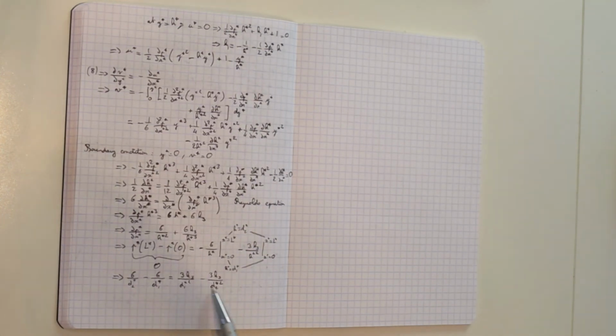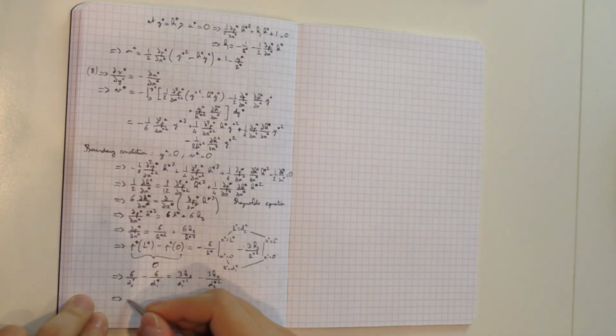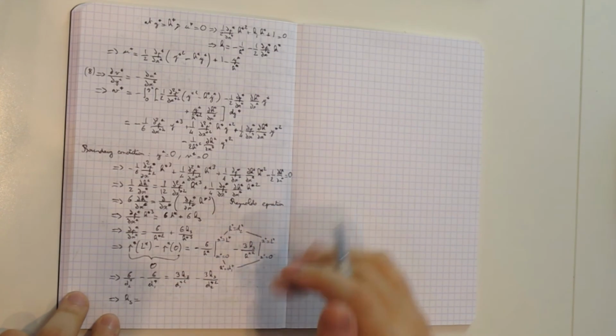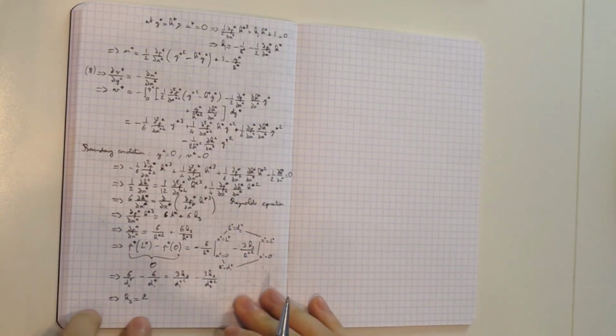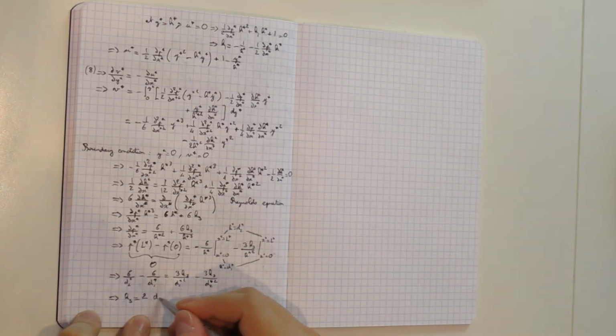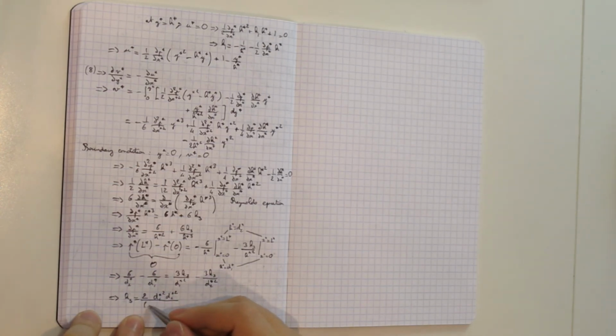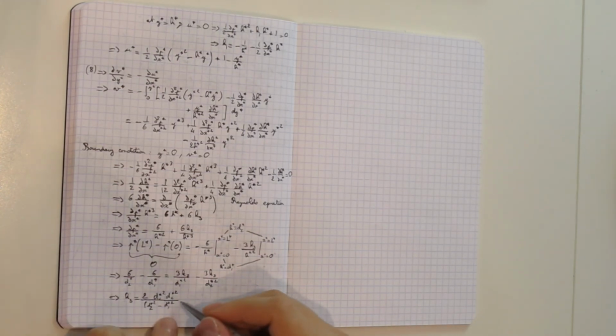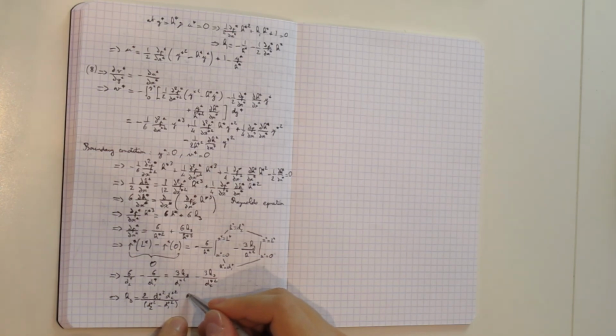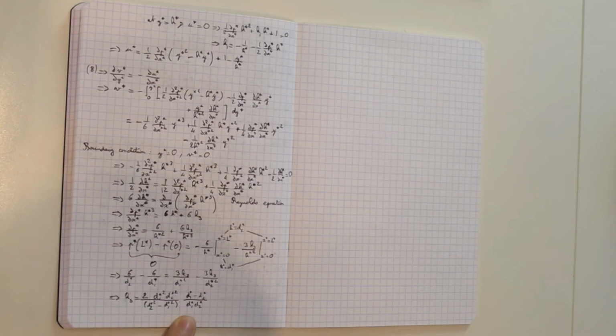And d1 star and d2 star are known quantities. k3, I do not know what it is, but it's the only unknown quantity here, so I can directly solve for k3 and write down that k3 then becomes twice d1 star squared d2 star squared over d2 star squared minus d1 star squared, times d1 star minus d2 star over d1 star d2 star.